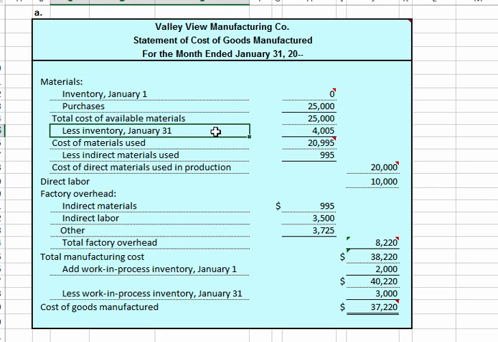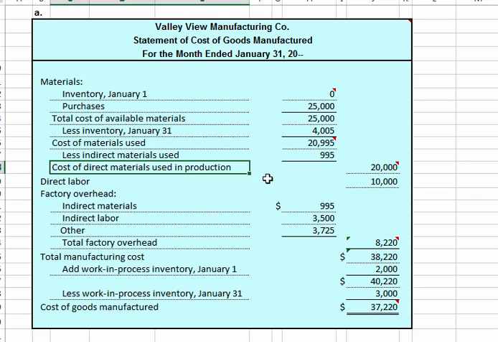This number, the ending inventory of materials, will be given in the problem. With indirect materials, we deduct those from cost of materials used to get the cost of direct materials used in production. We subtract out those indirect materials because they'll be a part of factory overhead.